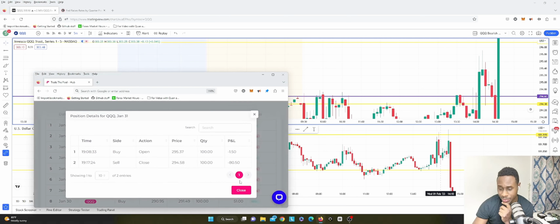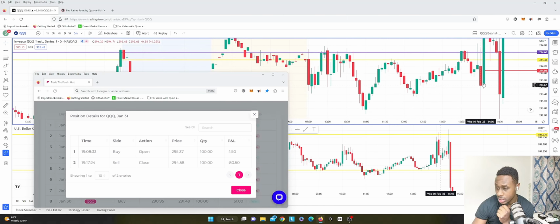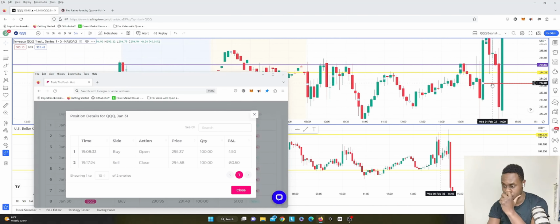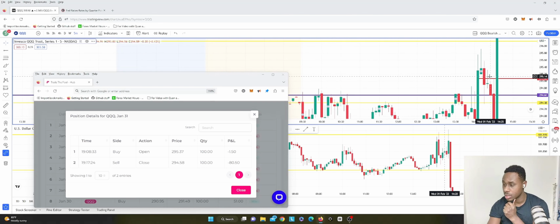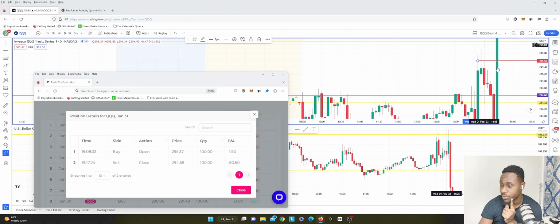And then I had another buy order that for some reason came down to my stop loss on the 2:05 candle. Let me see. This is 2:05. So I entered at 295.37.